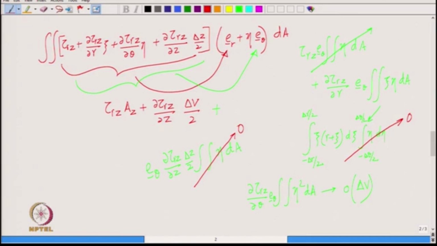Okay. So, basically there is no contribution from the green multiplications, and what we have is simply the red ones, is not it?